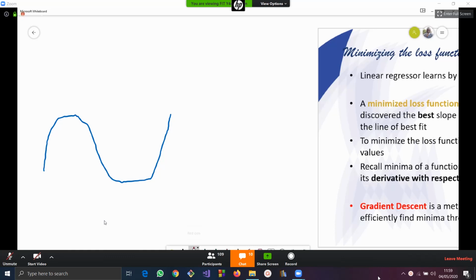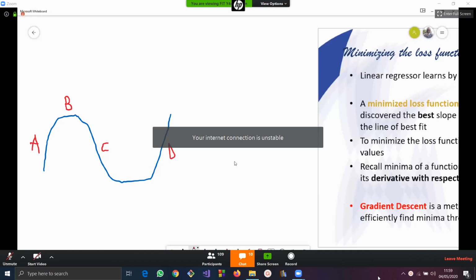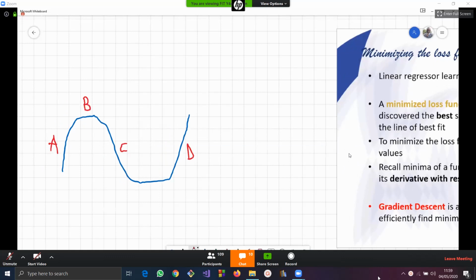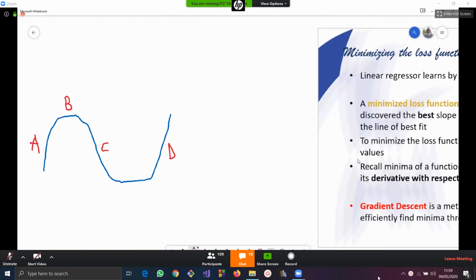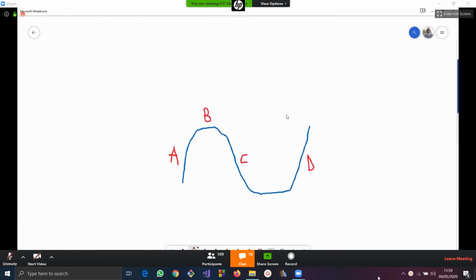Information, point A, point B up here, point C, and point D. So if I have the derivative, what can you say about the derivative at point A?